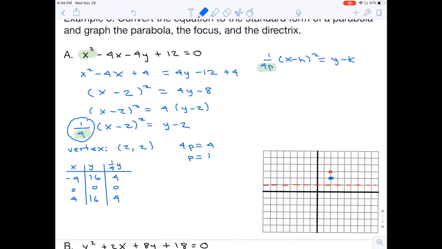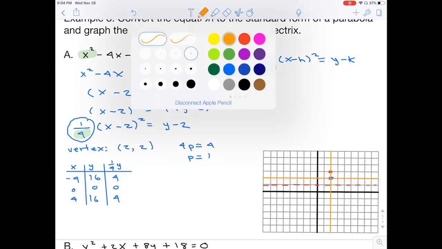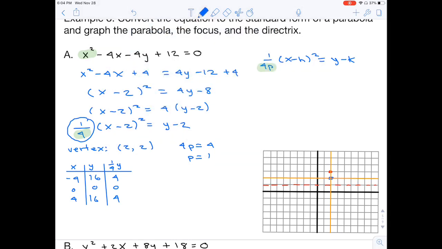Plotting those points as we did in example 2, I'm going to make a coordinate grid going through my vertex so that it's easier to graph. I'm plotting the point 0, 0, which I'd already plotted, then the point negative 4, 4 and positive 4, 4. So the graph looks like this.